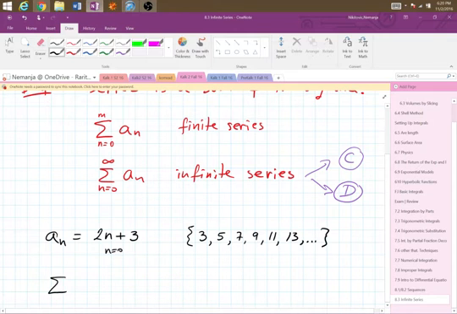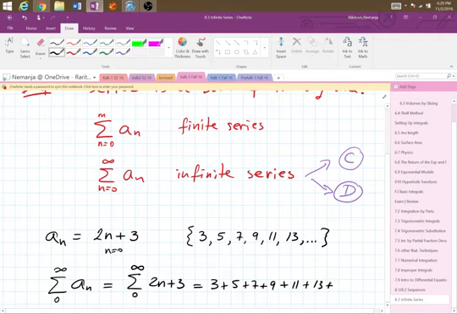If I'm to look at the series of a_n, starting at 0 going to infinity, we are going to actually look at the series of 2n plus 3 from 0 to infinity. And what we get is 3 plus 5 plus 7 plus 9 plus 11 plus 13 plus, and that's going to go forever.